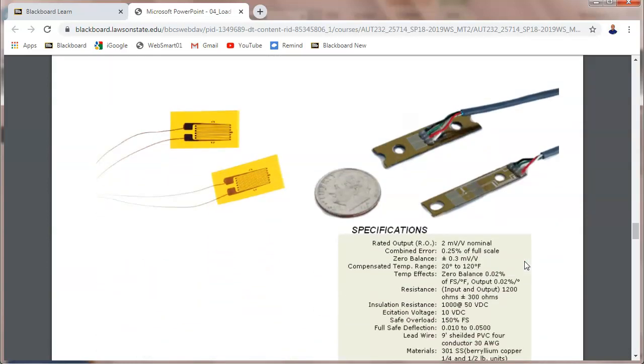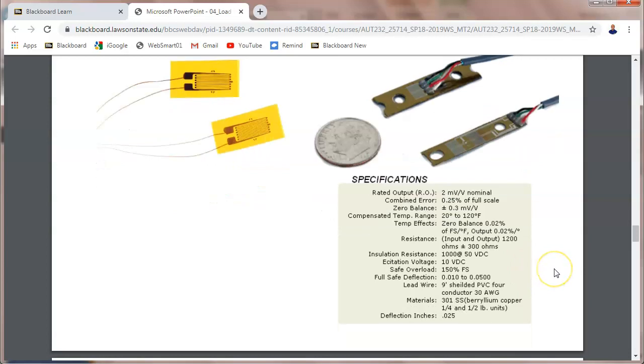So these are some load cells, and these are some actual specifications. So this guy, the excitation voltage would be what? 10 volts. And then the output would be 300 microvolts per volt.